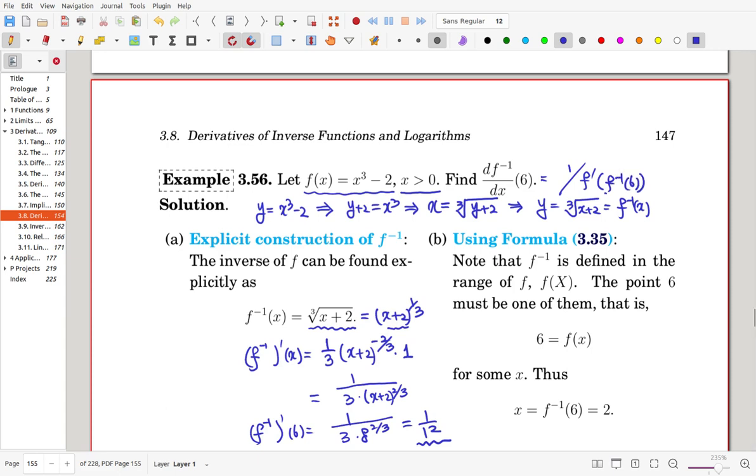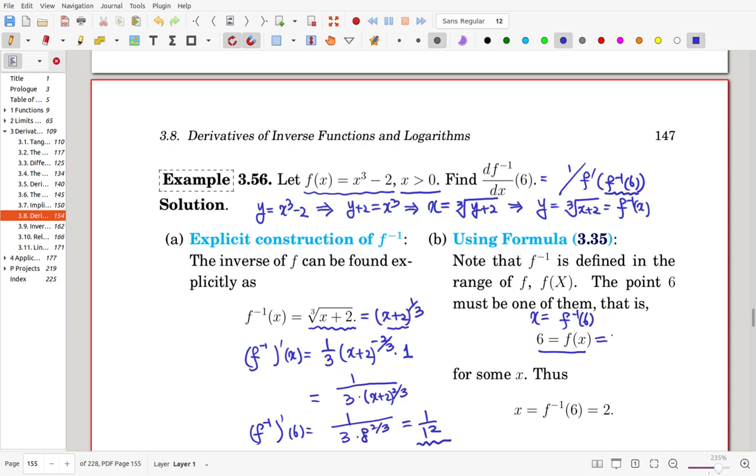So we have to find the corresponding point here, and that is, if we start with x equals f inverse of 6, then that is the same as 6 equals f of x. What is f of x?